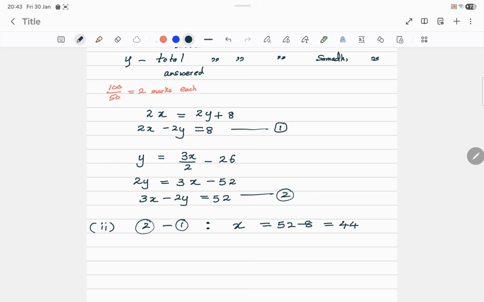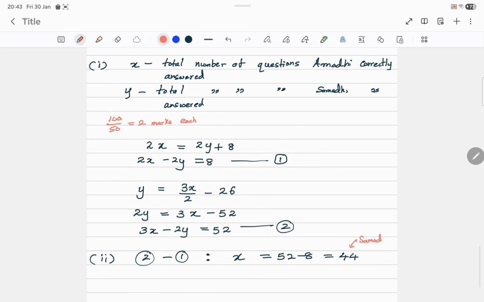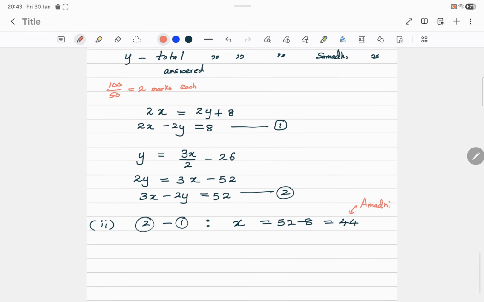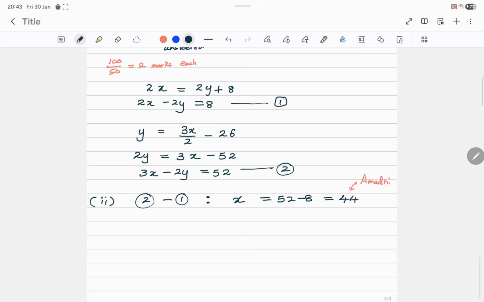X is for Amadhi. This is the number of questions Amadhi answered, 44. Then y we will find using the first equation.